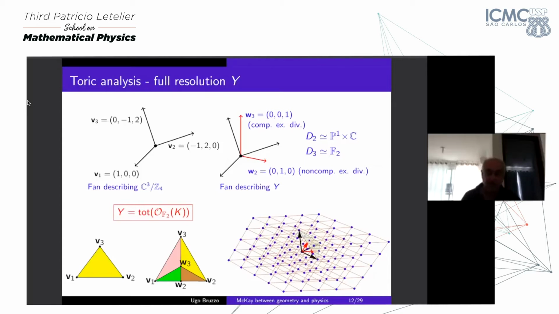So you get the 2 new vectors that in this drawing here are in red. In this way, the cone is split into 4 cones. And it's a simple combinatorial theorem that every cone that you get in this subdivision is smooth, generated by a basis of Z3.